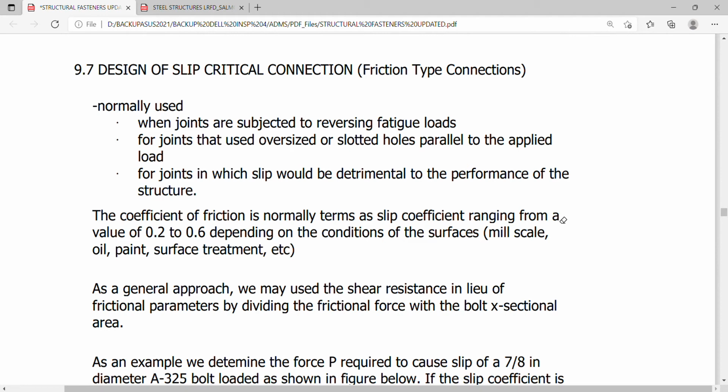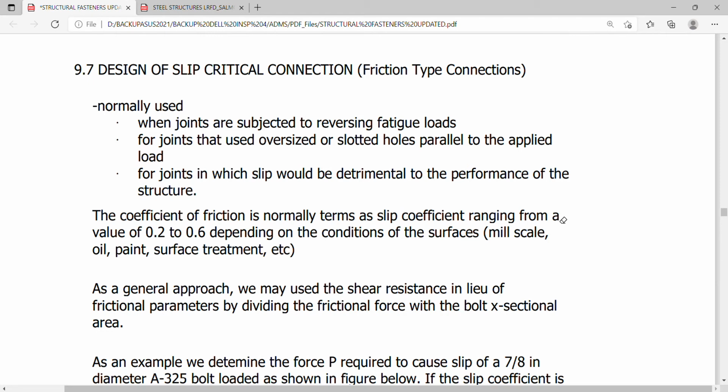Not only giving emphasis to the friction as your main resistance consideration, it also involves the effect of tension and the shear interactions, which will be later discussed and demonstrated in the form of a problem on bearing type connections.